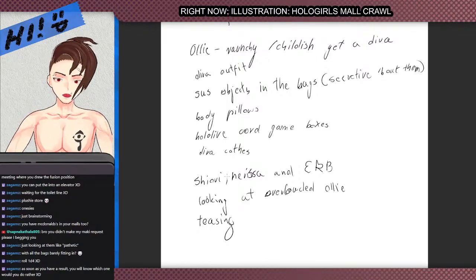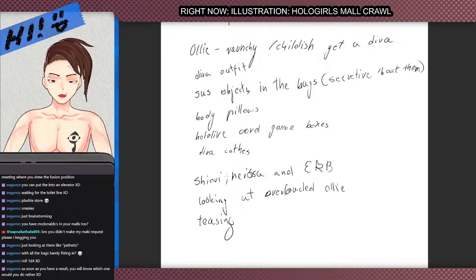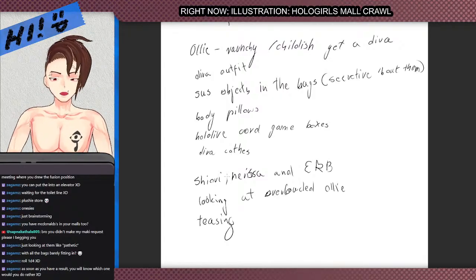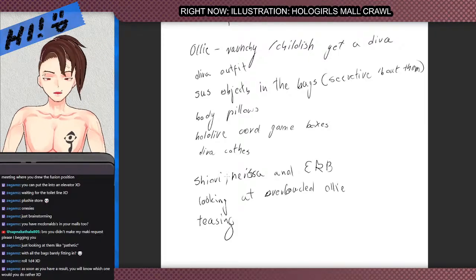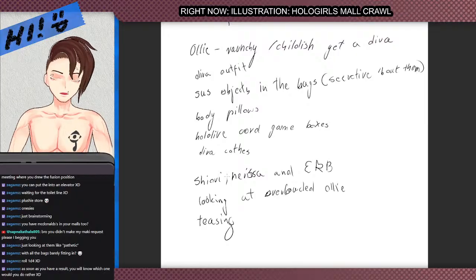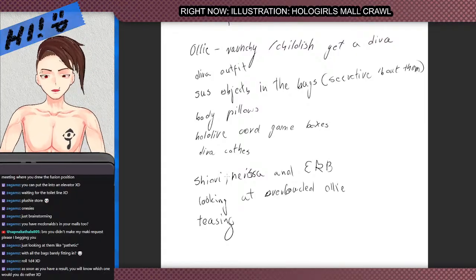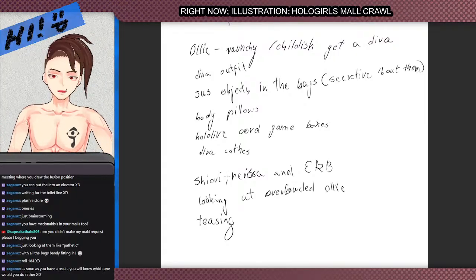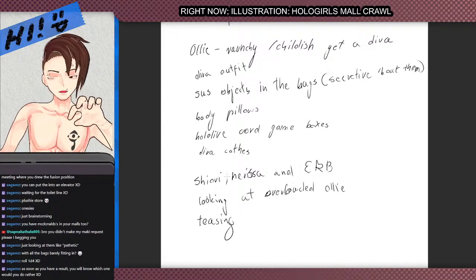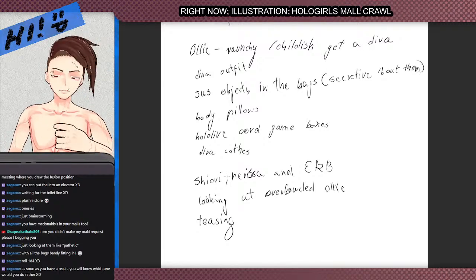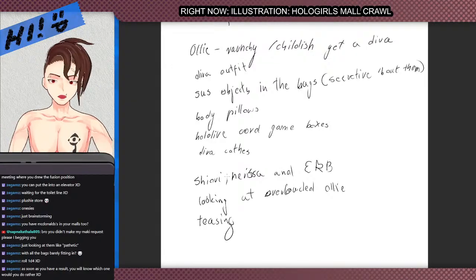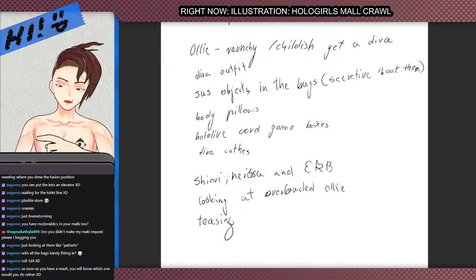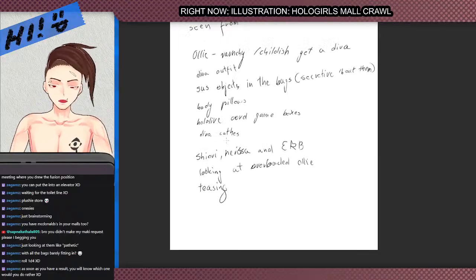Ollie, of course, went shopping with them, and they are all together. But Shiori, Nerissa, and ERB are going to be a bit more teasy with her. For example, let's say ERB and Shiori or Nerissa try to slowly pull something out of her bag, just to teasingly embarrass her or talk around that.